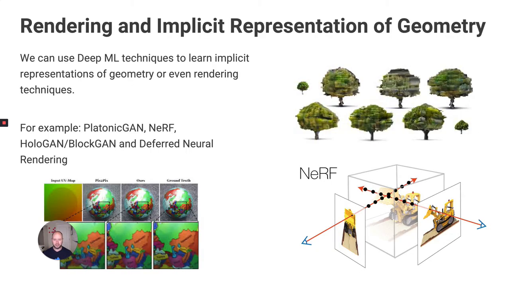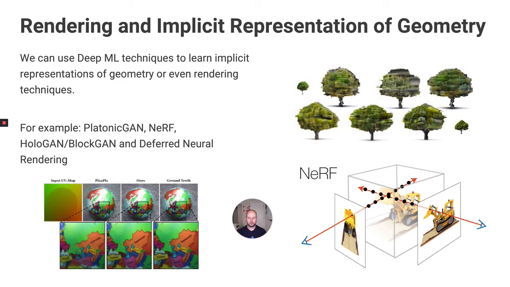Cool. This is where I'm very interested personally. One of the really unique use cases of ML that's been coming up recently is this implicit representation of geometry. We talked a lot about unsupervised learning. You have both implicit and explicit. This has been done on the explicit side or the implicit side, but you can use deep machine learning techniques to learn and understand the underlying representation of geometric data.